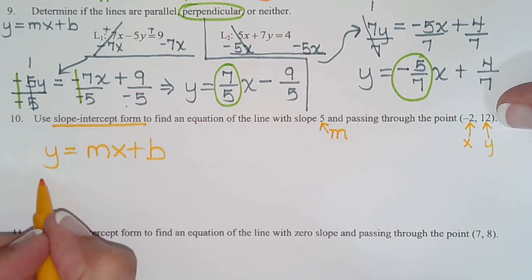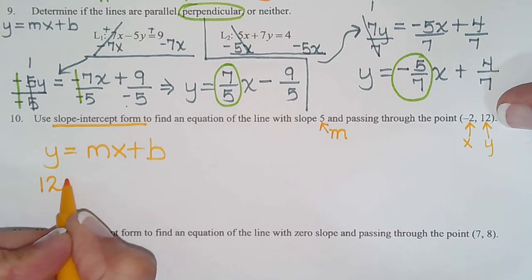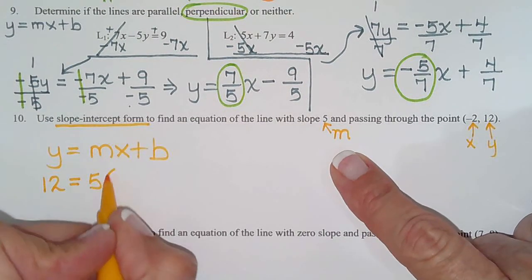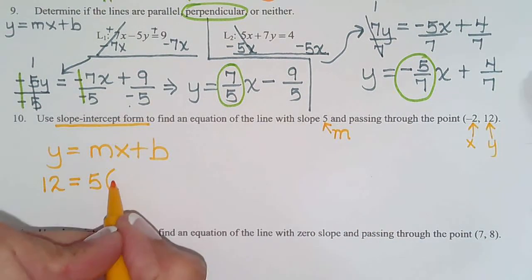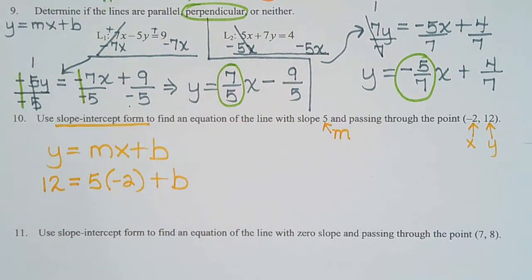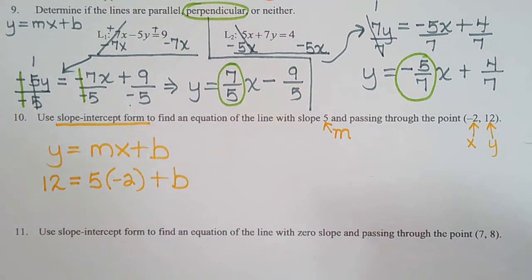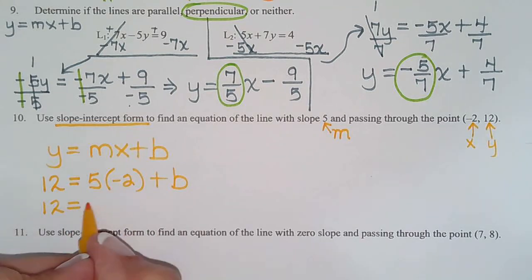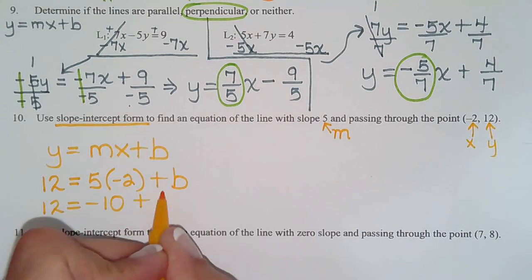So we're going to write 12 equals, in place of m, 5, in place of x, negative 2, and we're going to use this to find our b. And a lot of students write this next step: what is this? Negative 10, and they go, oh, b's 2.